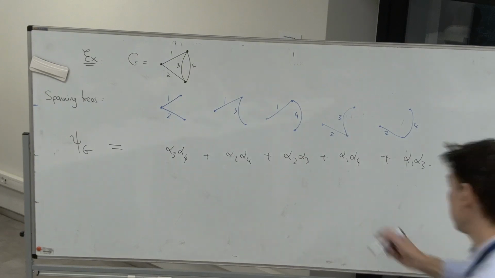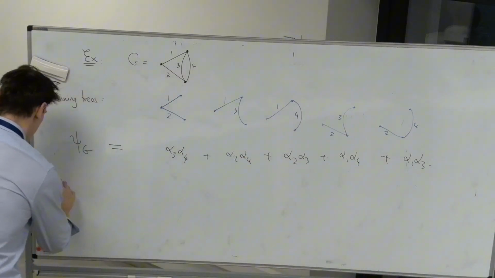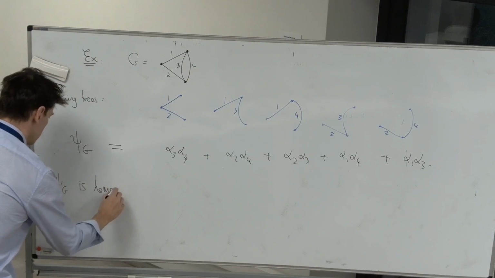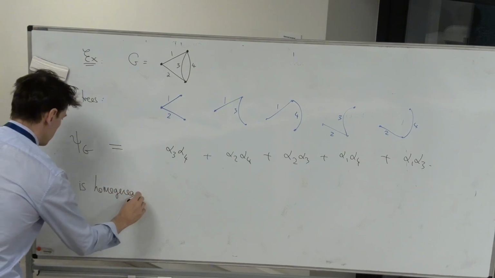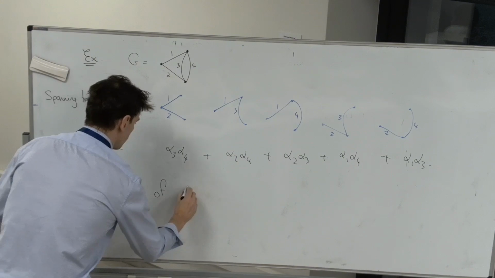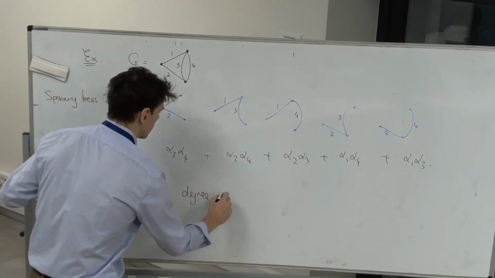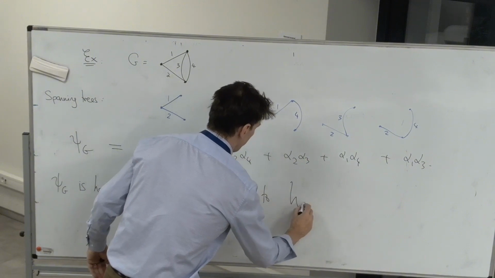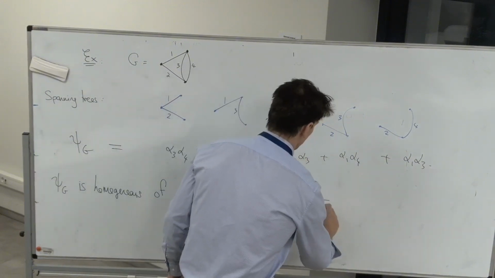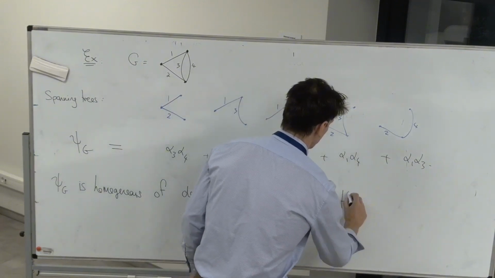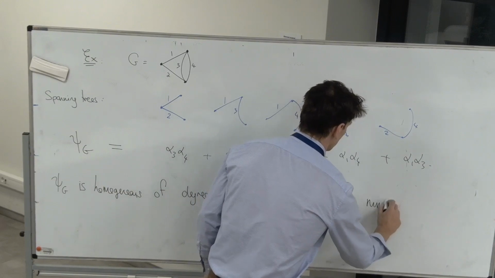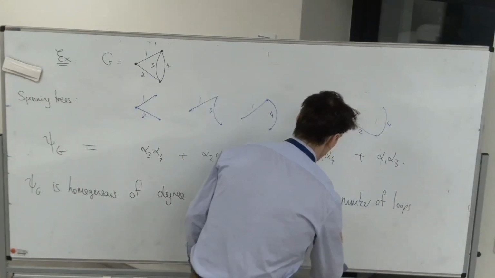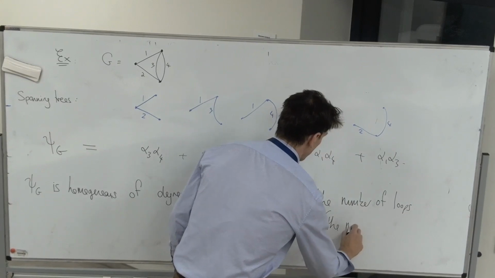So a general fact, as you can see, is psi G is homogeneous of degree equal to h_G, which equals the number of loops, or the number of independent cycles.